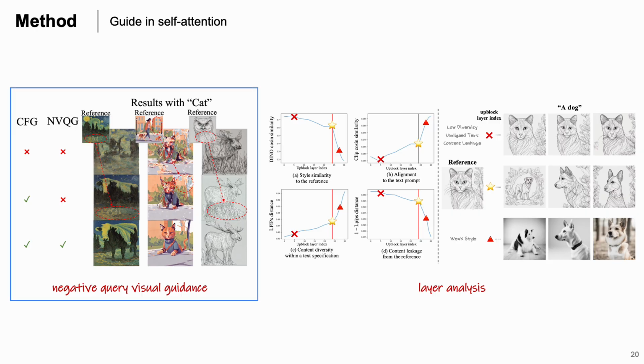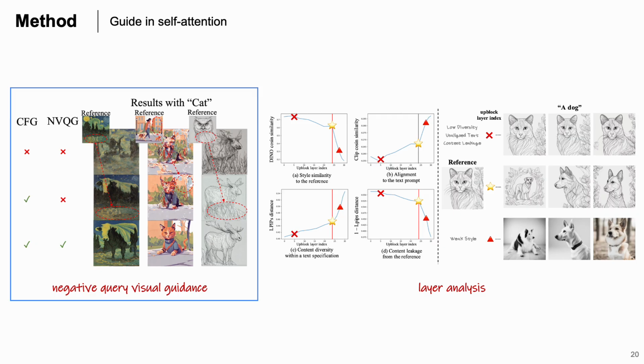Now let's see the effectiveness of CFG and negative visual query guidance, named NVQG, along with our analysis of self-attention layers. As shown on the left, applying CFG and NVQG reduces artifacts and stops content leakage.